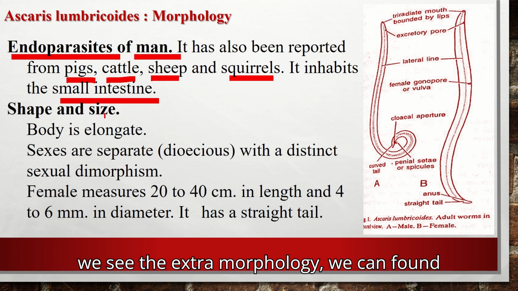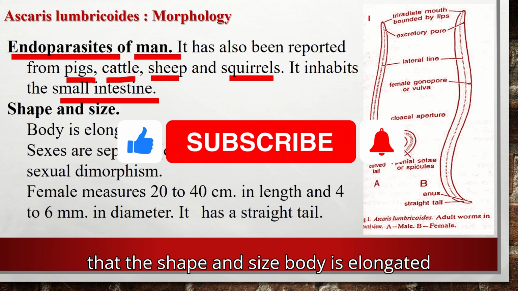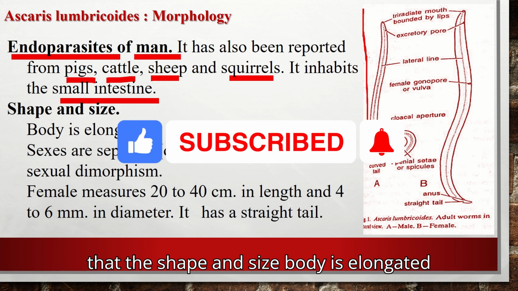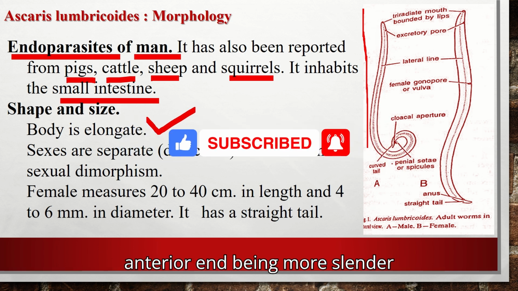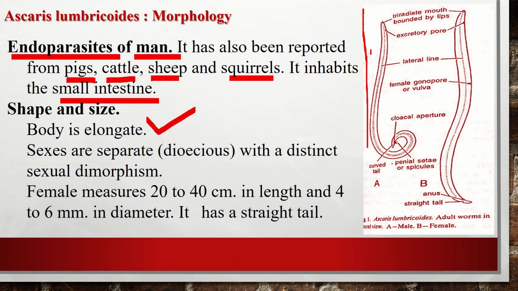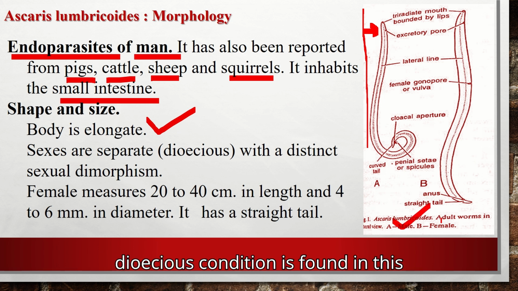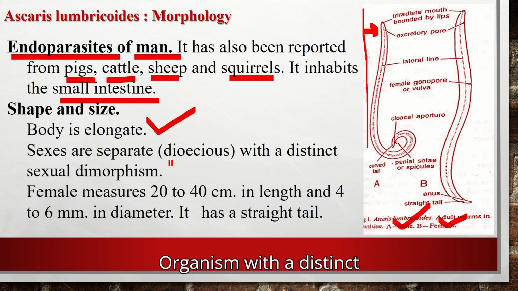When we see the external morphology, the body of this organism is elongated, cylindrical, with the anterior end being more slender and gradually tapering at both ends. Sexes are separate, that is, the dioecious condition is found in this organism, with a distinct sexual dimorphism.